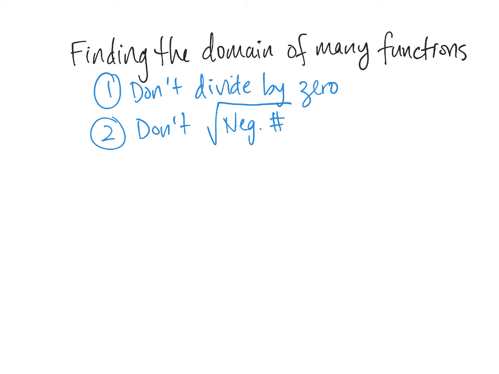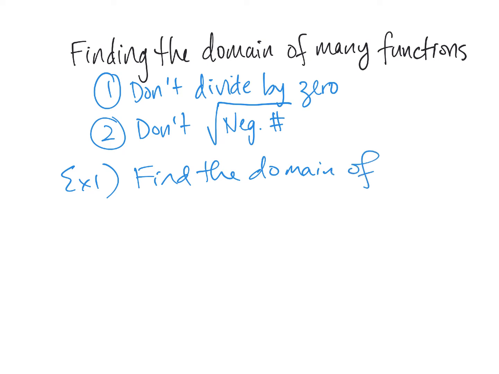So for our first example, let's find the domain of f of x equals 3x squared minus the square root of 10 minus 4x plus 11.